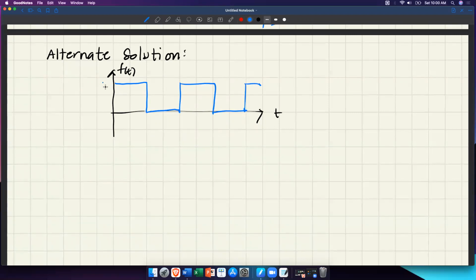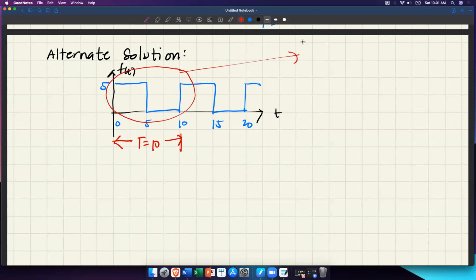So this is 5. This is 0. This is 5, 10, 15, 20, and a while ago we know that the period is equal to 10. So that's the period. Now, what we will do here is just take out one period. This is one period. This is one period.